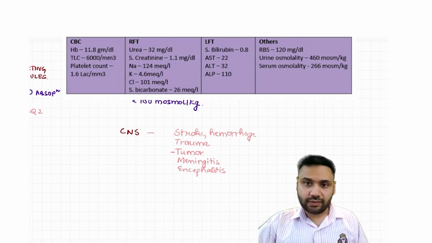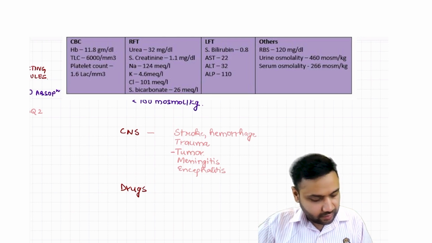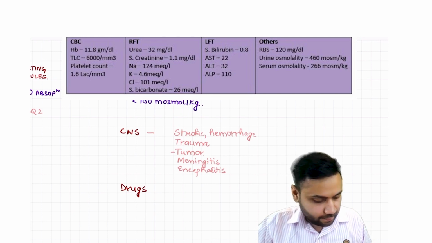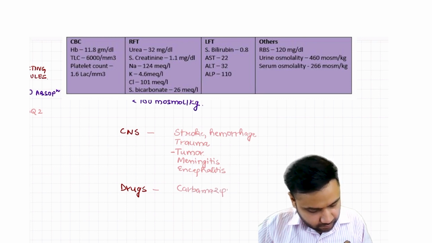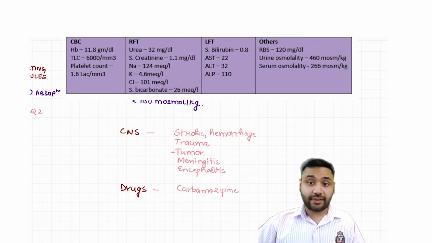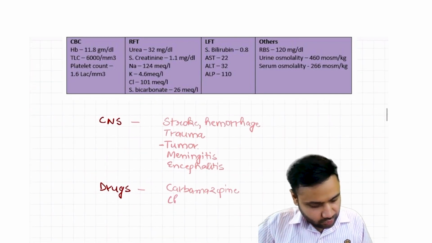There are certain drugs that cause SIADH. These drugs are carbamazepine, and the second one is a diuretic, which is chlorpropamide.